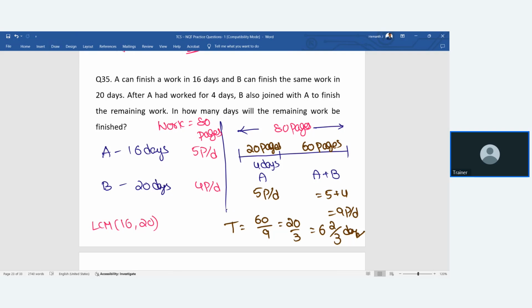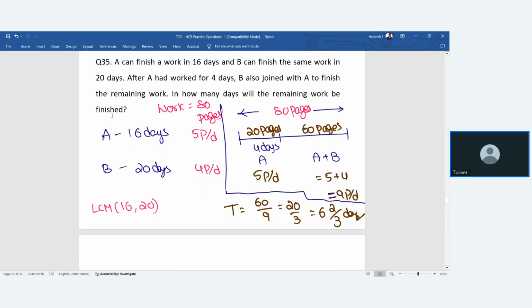Your option must be 6 2/3 days. If it is a fill in the blank question, we have to type 6.66, not a problem. These fill in the blank questions are there in the GATE exam also. I think many people know that.